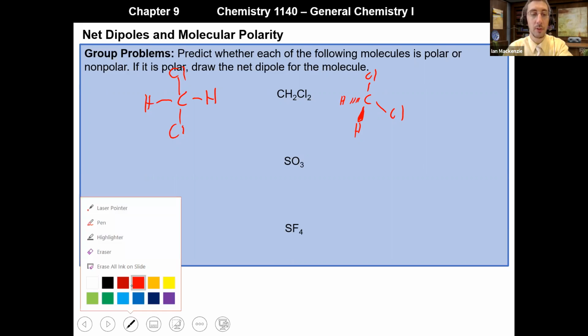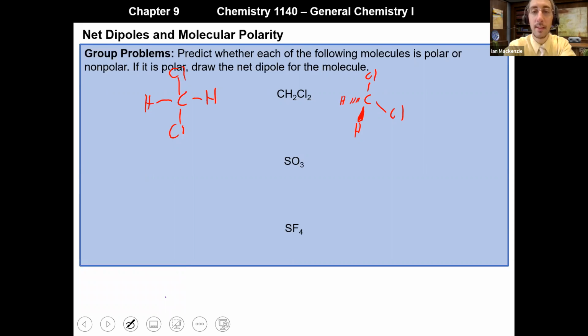So in this case, if I draw it more in this way, perhaps it will help to switch colors. I can see that the individual bond dipoles are pointing towards the chlorines as the more electronegative atom, but those clearly don't cancel each other out. And the two hydrogens are pointing in towards carbon, and these clearly don't cancel each other out. Now the two carbon-chlorine bonds are polar, and so they have a greater influence on the net charge.